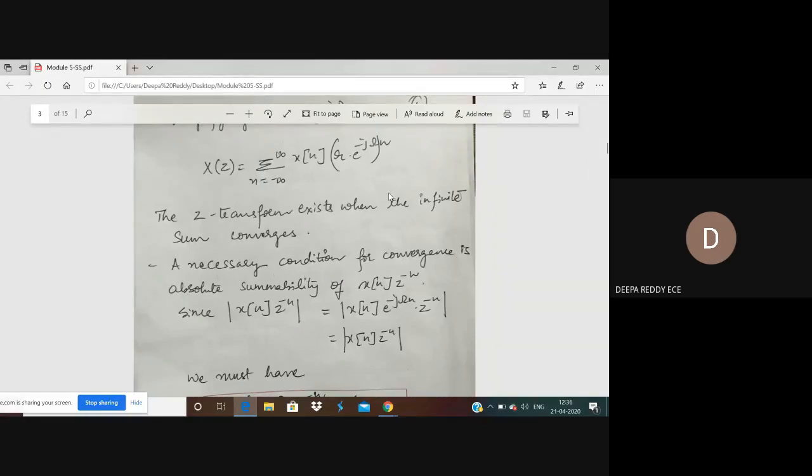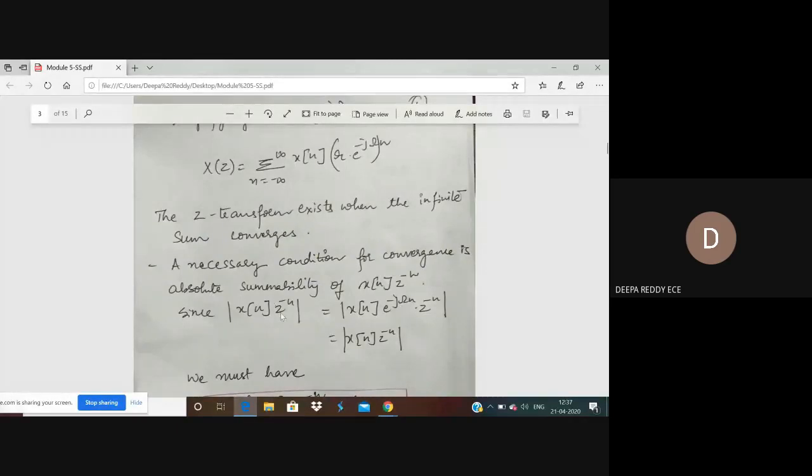The necessary condition for convergence from the above equation is that it should be absolutely summable, absolute summability of x of n Z to the power of minus n. So it should be bounded. How can we write this Z?